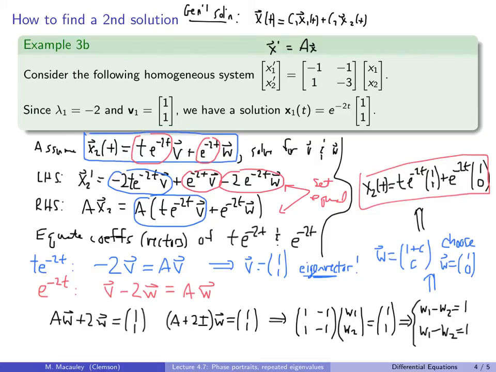So I'm going to write this as c1 times e to the minus 2t times (1, 1) plus c2 e to the minus 2t. I'm going to factor out an e to the minus 2t from both of these. So c2 e to the minus 2t times, and now what's left? We have t times (1, 1) plus (1, 0).